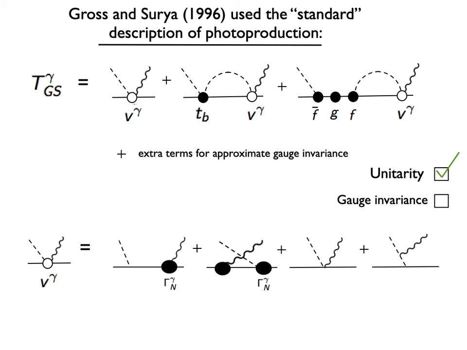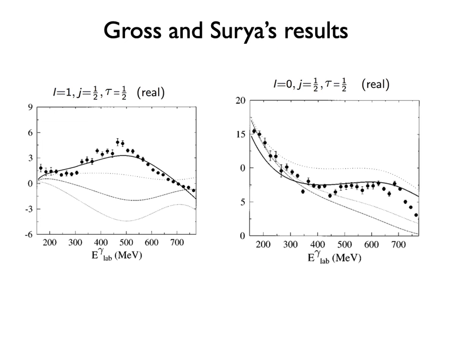Despite this, they found that their amplitude actually gives results that are fairly poor. The dotted lines in these graphs are what they initially calculated, and they found that to get to the solid lines, they had to add some extra vector meson exchange diagrams with free parameters. The fact that our T1 has been able to predict this data without needing the extra parameterization would appear to indicate the importance of maintaining gauge invariance in the theoretically correct way.